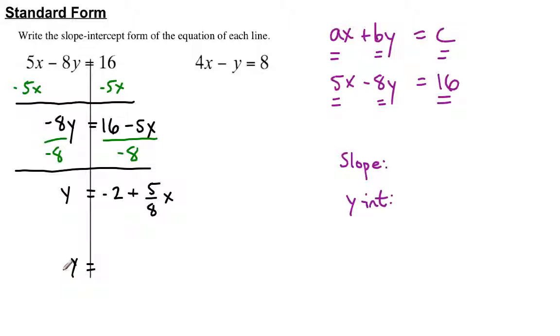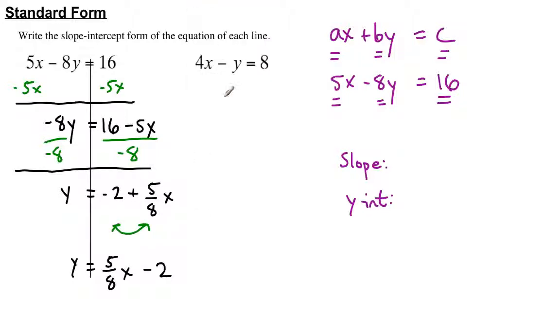Now, when we work with slope and y-intercept, usually it looks like this: 5/8 x minus 2. You see what I did there? I just switched this around.